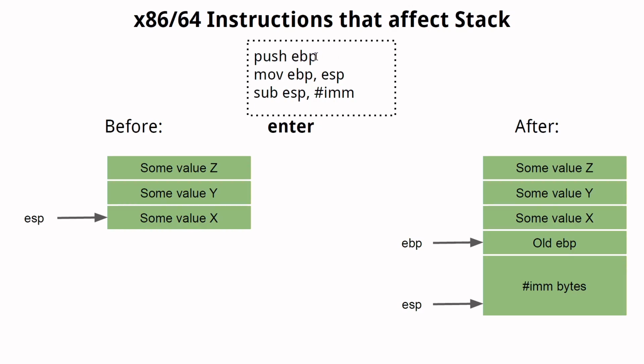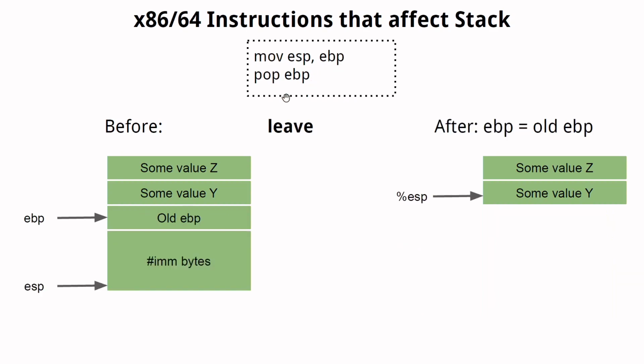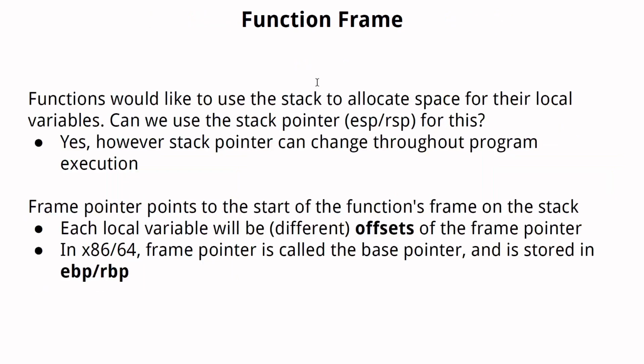They are push EBP, move ESP to EBP, then subtract an immediate number from ESP. We will see later why we are doing this. Then leave is just move EBP to ESP, then pop EBP.